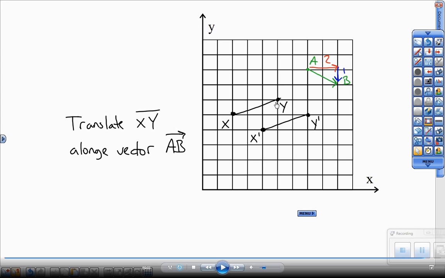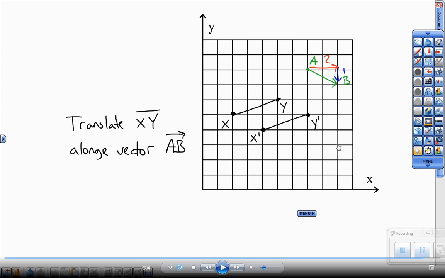But instead of translating it along this vector AB right here, I want the translating vector to start here at A, but then go all the way down to here. So my translating vector for your new problem is going to be the same line segment right here in the same spot, but instead of using this vector AB, I want the new vector to start here and go all the way down to here.